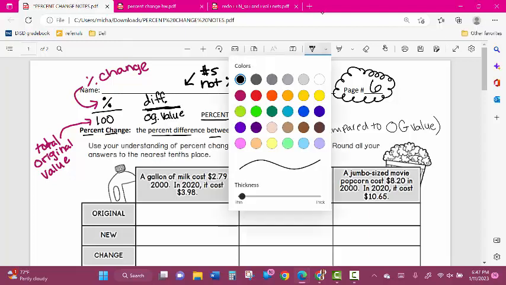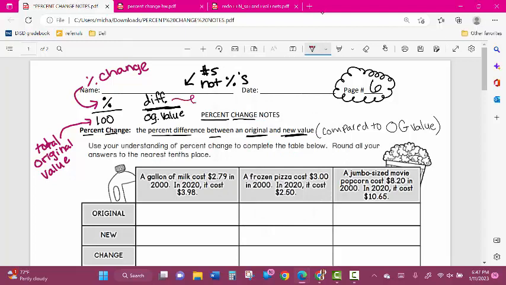Okay. Let's make a note here that in order to find the difference, we have to take the new thing minus, because difference means minus, the old or original thing. We have to find the difference between the new and original amounts.